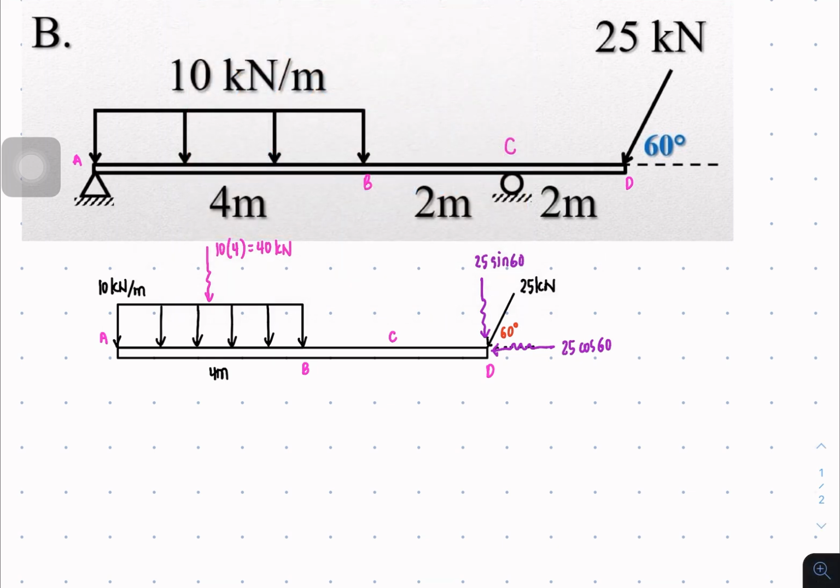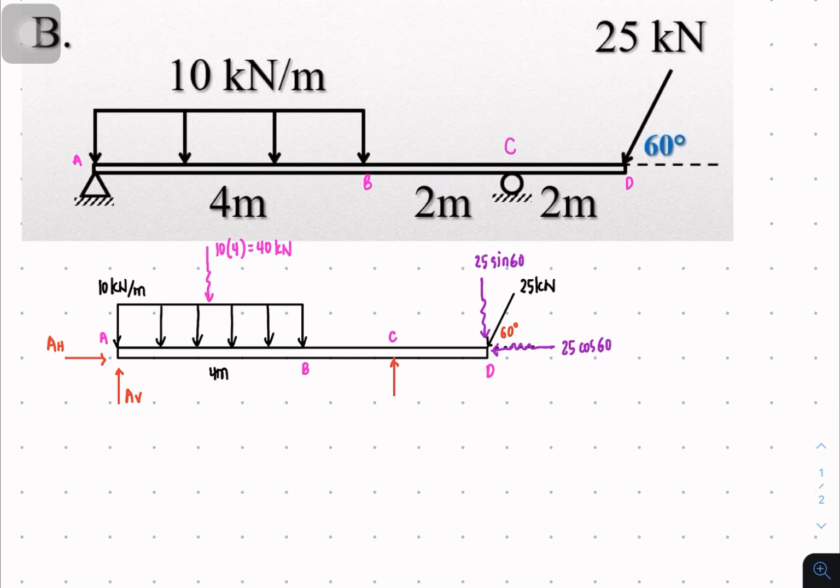Let's now write the support reactions. At point A, there is a hinge, so there would be force A vertical, and then force A horizontal. And then at point C, there is a roller, so we're gonna have a roller here.